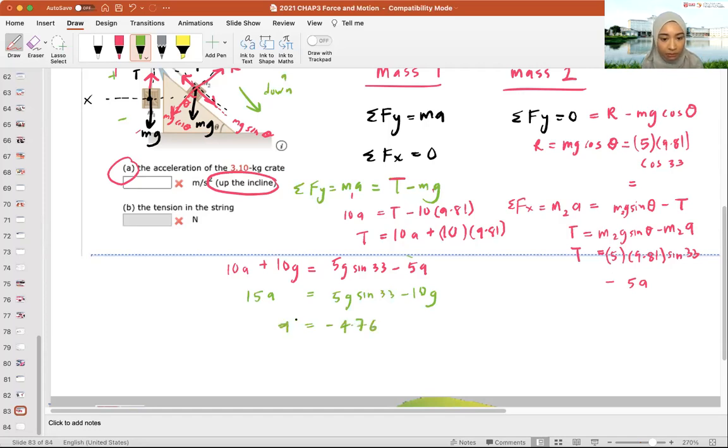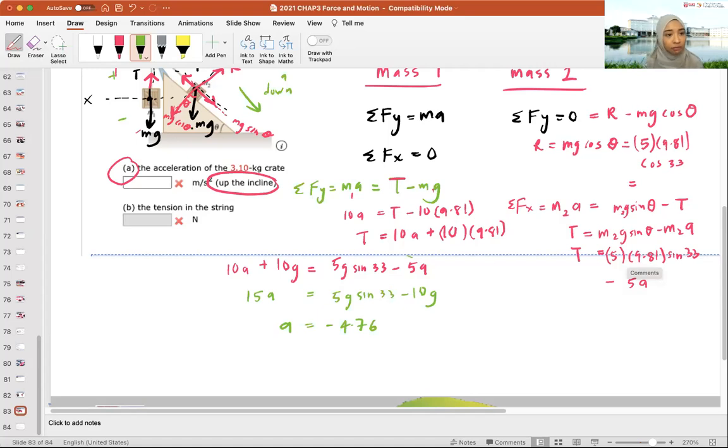Dapat sama tak? So korang kira jap. So I know I can simplify this equation tapi saya tengah malas. So ada orang dah dapat jawapan ke? Sama. Okay, thank you Afika and Farah. So we get acceleration as minus 4.76.